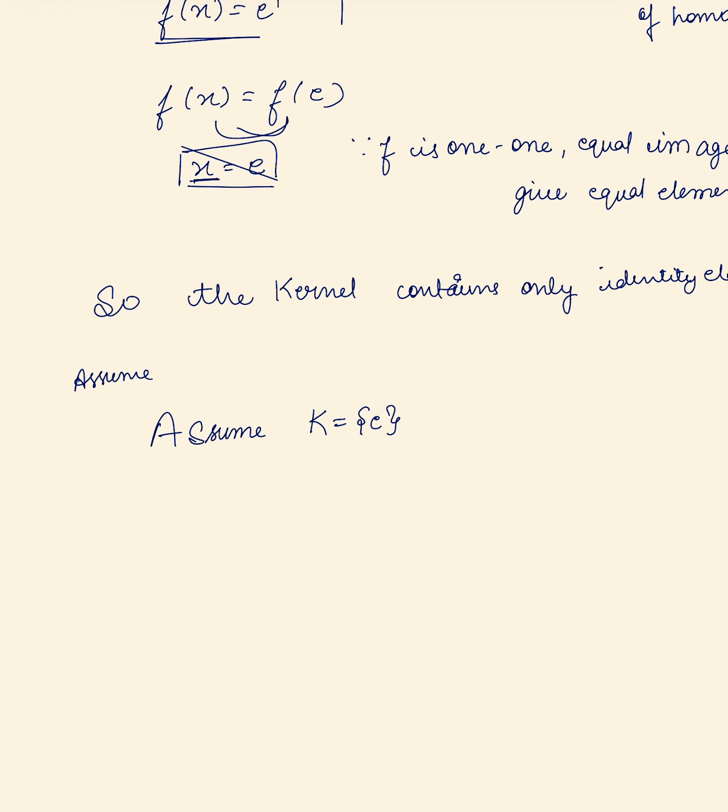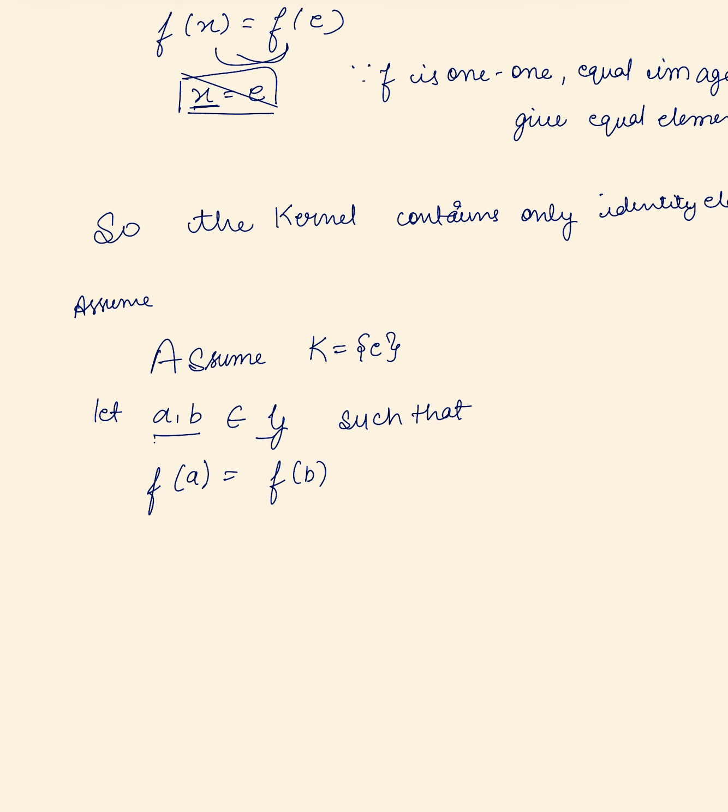So we are taking two arbitrary elements a, b belonging to group G, such that the images of these two elements are equal, that is f(a) equals f(b).